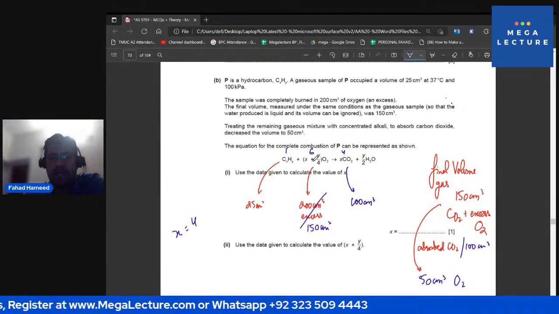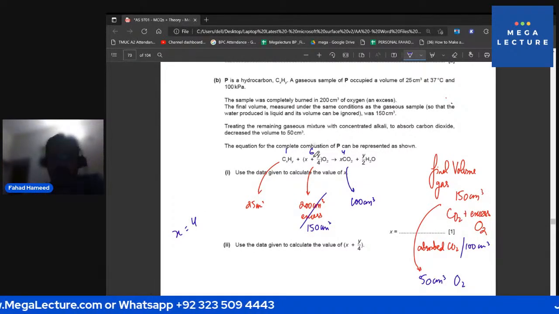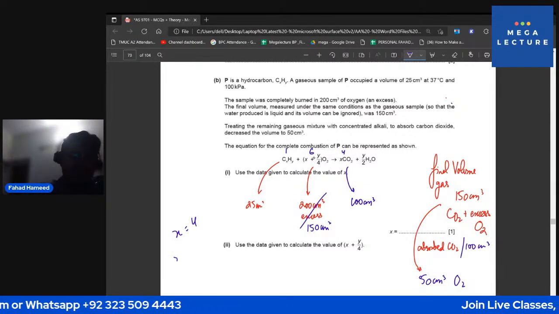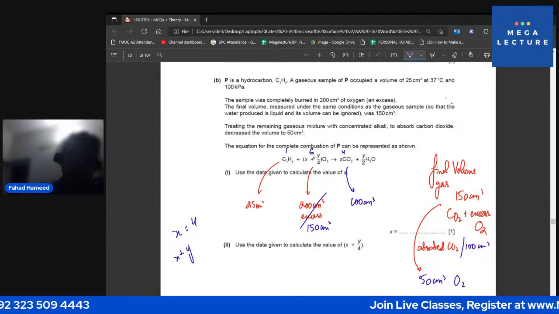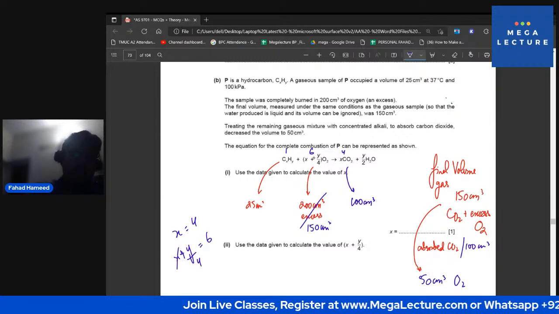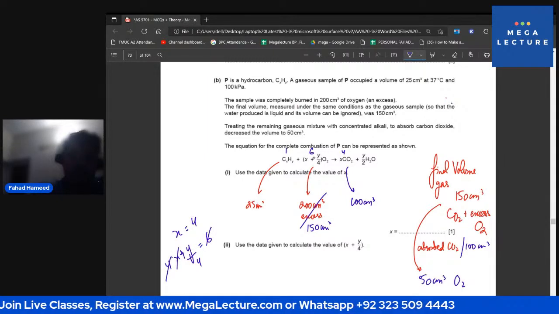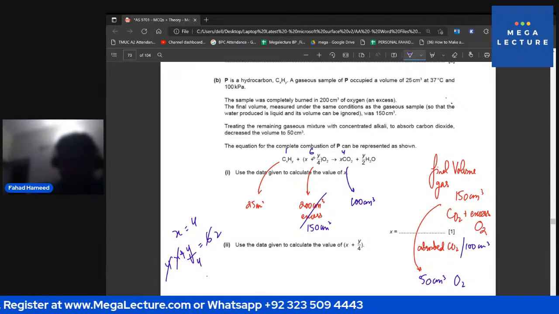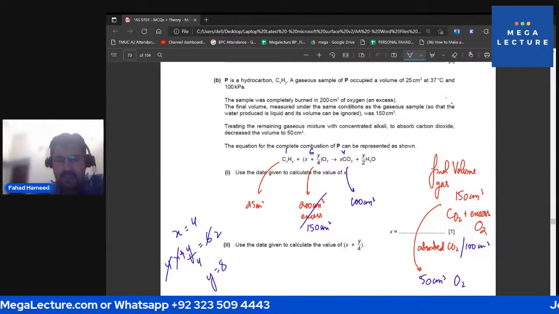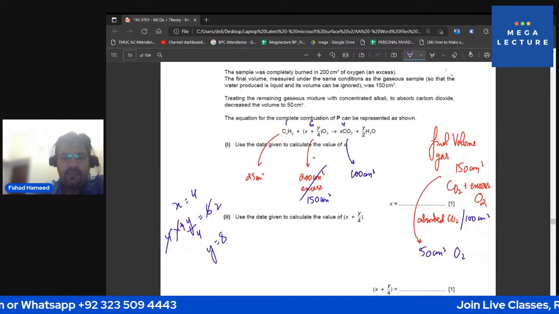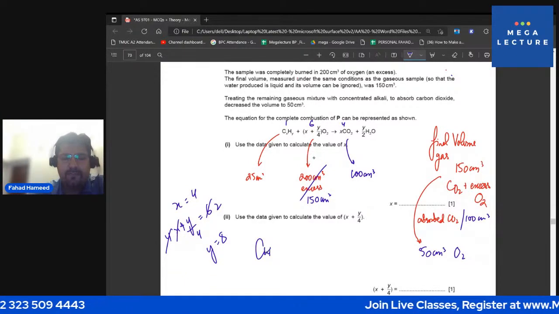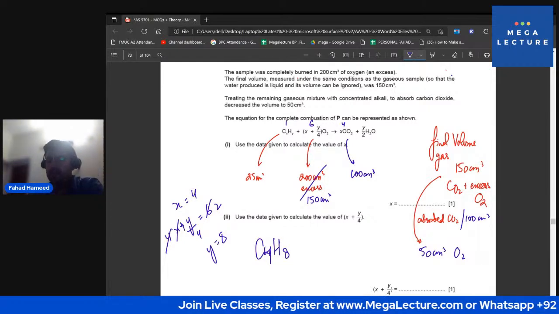And one molecule reacts with 6 O2. So that means X plus Y by 4 is 6. And we already know X. So that's 4. If I get the 4 to the other side, that's becoming 2. And Y would come out to be 8. So the formula is C4H8.